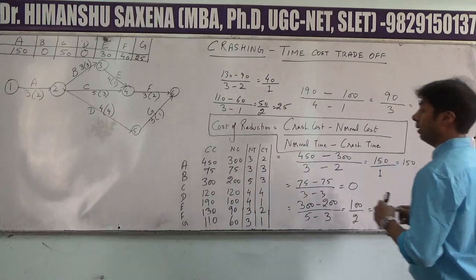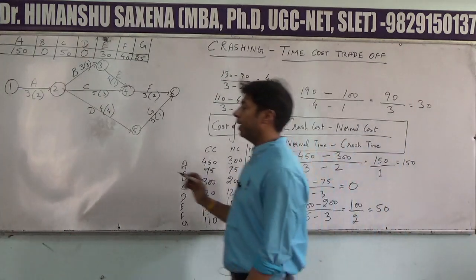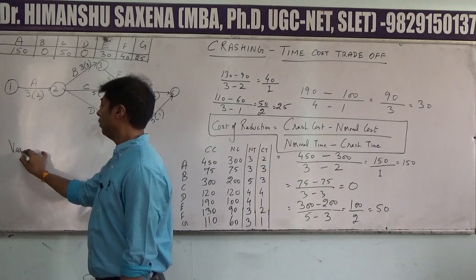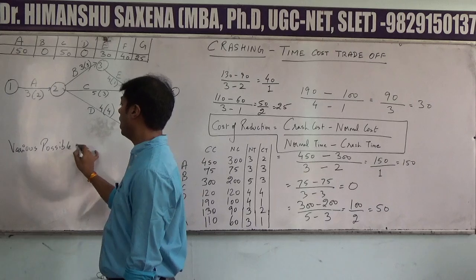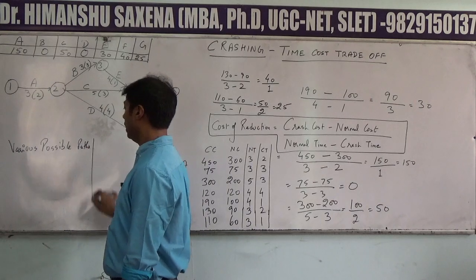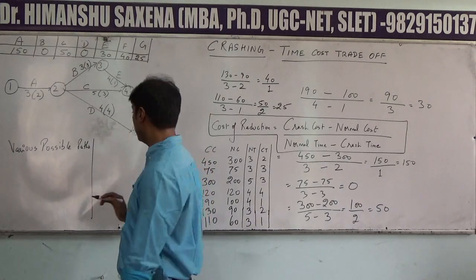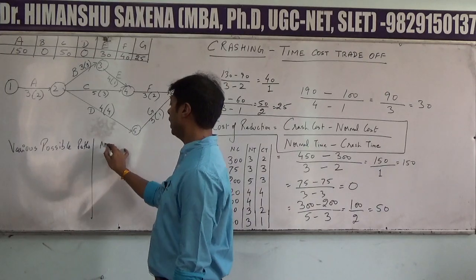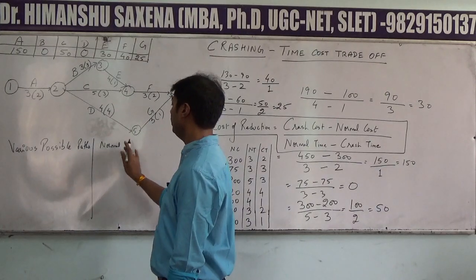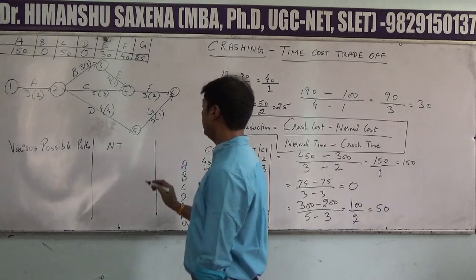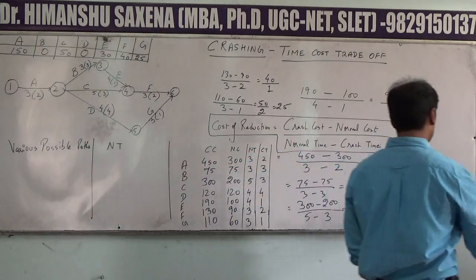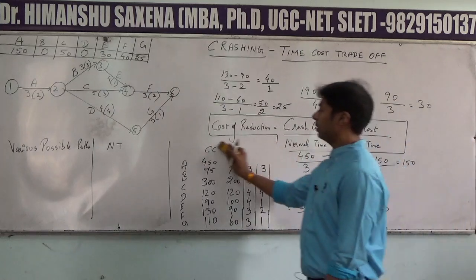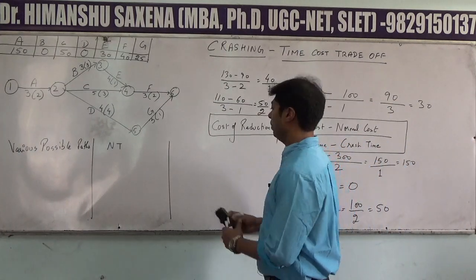Next step, we are going to construct a table for various possible paths. We are going to find their normal time, denoted by NT, and the shortest time, or the crash time, denoted by ST.